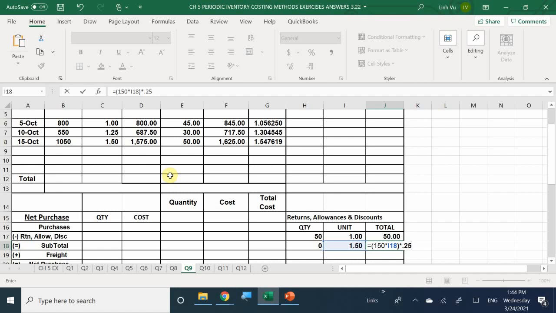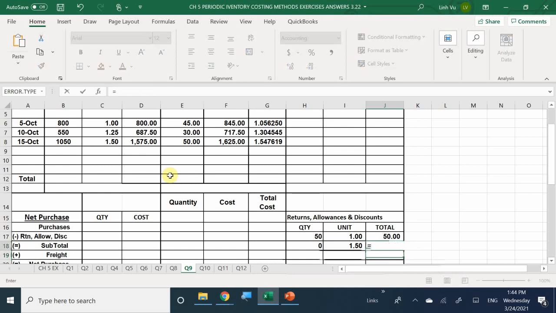It's going to be $225 because it's times $1.50. And then we're going to take 25% of that. That's exactly what this formula is. We're going to take 150 times 1.50, and times it by 25% to get a grand total of $45?